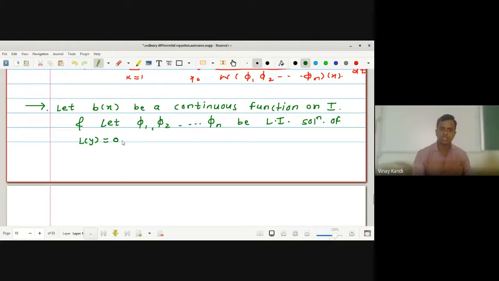Complementary function, we find by putting it equal to 0. Okay, L of y is equal to 0 on an interval I.